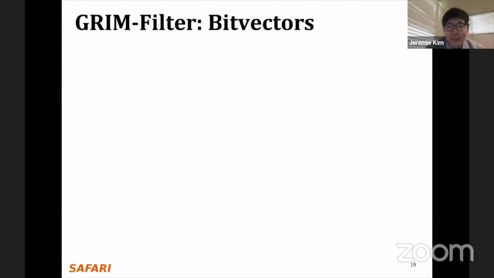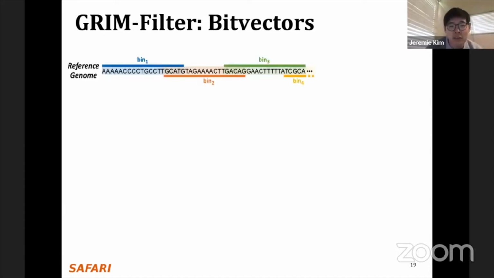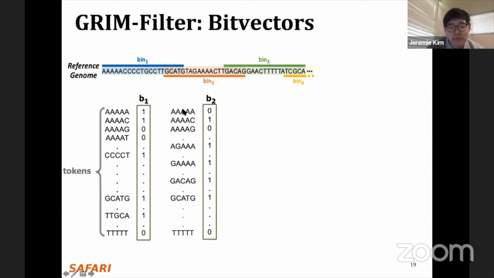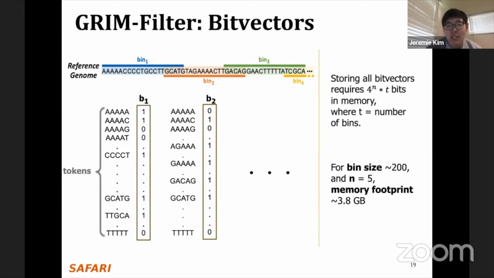So let's look more closely at how these bit vectors split up the reference genome. So we have these bins that are overlapping across the whole reference, and we have these bit vectors that represent each bin here. And so basically we have a lot of these bit vectors depending on the bin size, and obviously the bit vectors depend on the token size. To give you a feel of how large the memory consumption would be just for this, we can calculate it by using the number of bins that we split the reference into, and we multiply that by the size of the bit vectors.